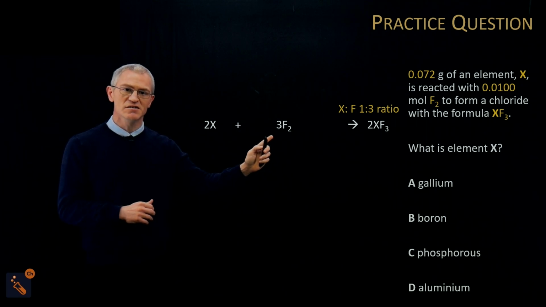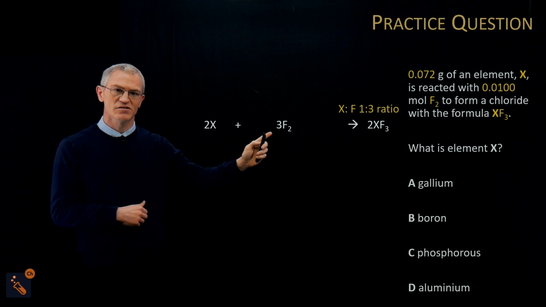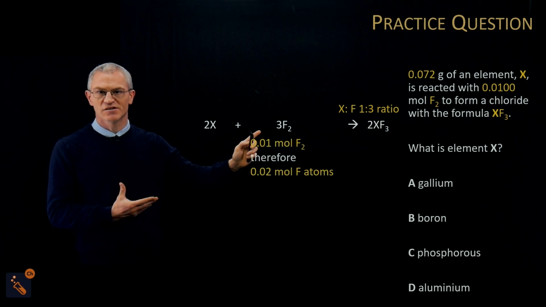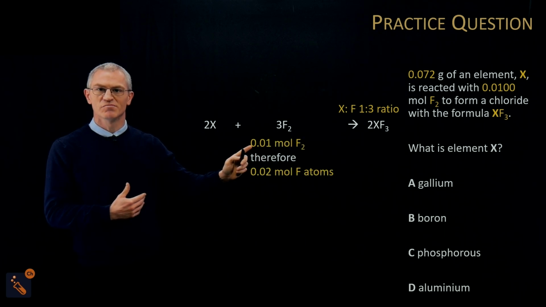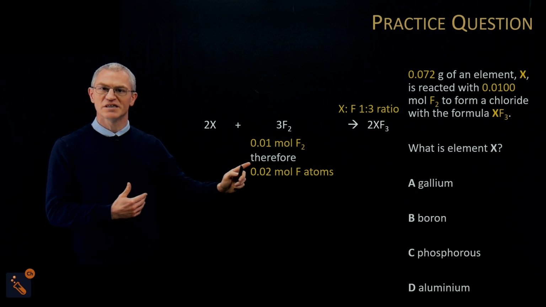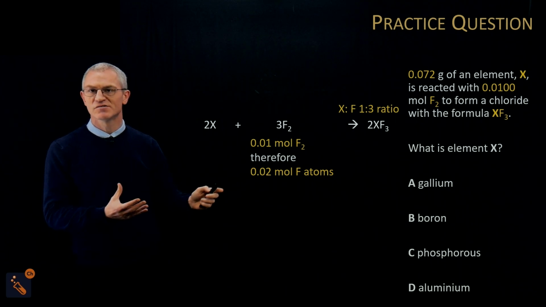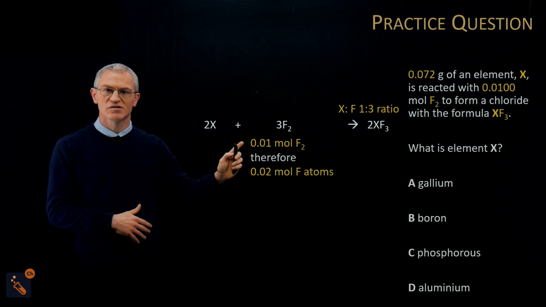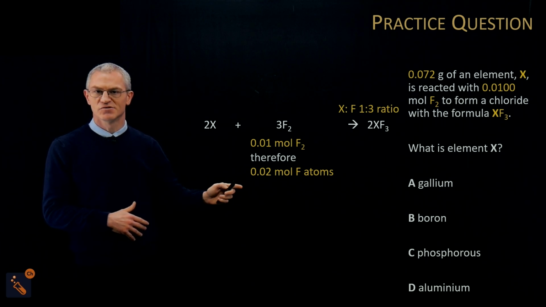So we need to turn the number of moles of F2 into the number of moles of F atoms. So 0.01 moles of F2 will be 0.02, times it by 2, because there are 2 atoms of fluorine for every molecule of fluorine. So you will have 0.02 moles of F atoms.